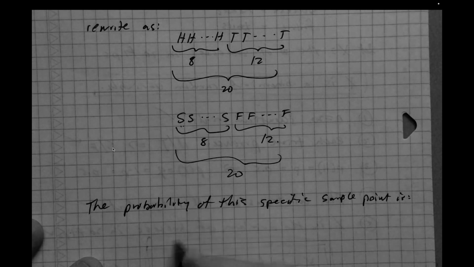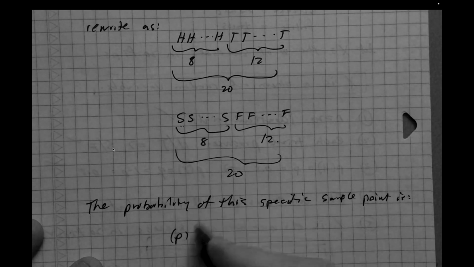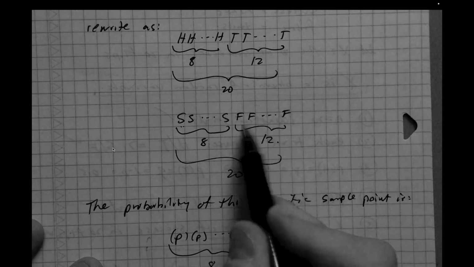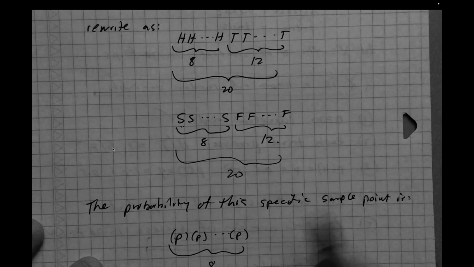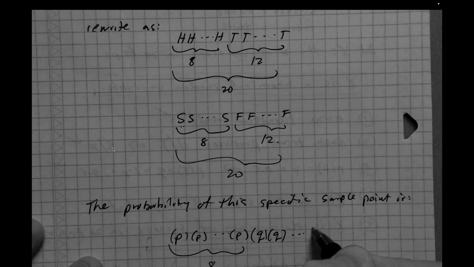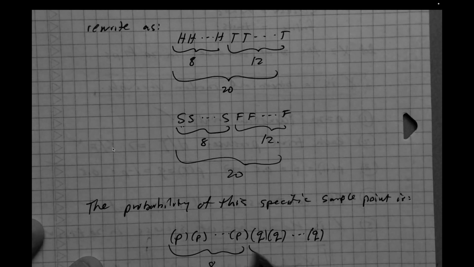So the probability of a success is P, and then another P, right? And how many of them? There'll be 8 of those. And then the failure, that's going to be 1 minus P, or Q. We'll denote it as Q just to be more succinct. And there's 12 of those.